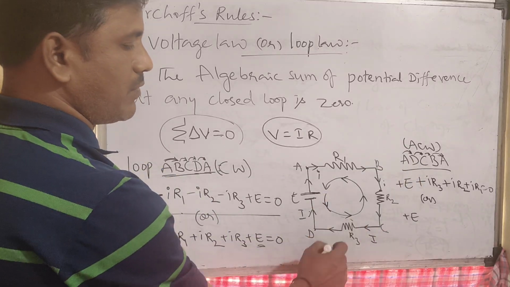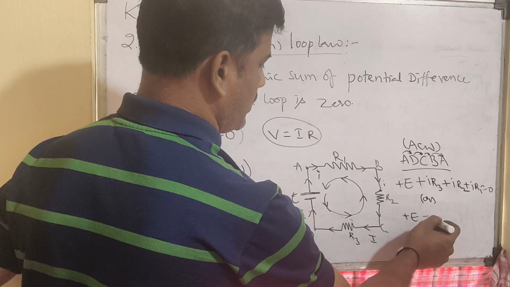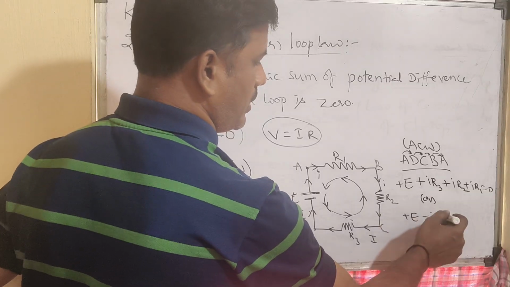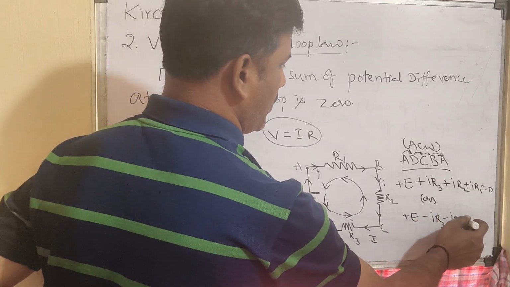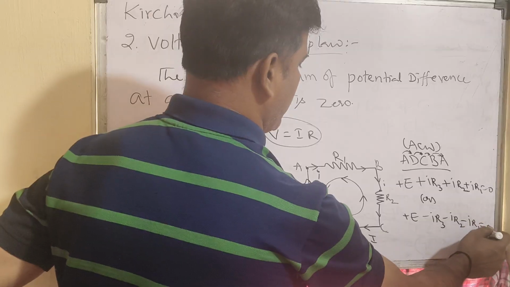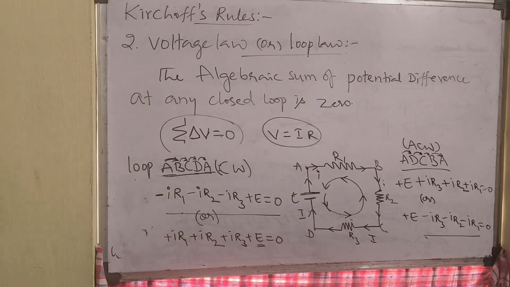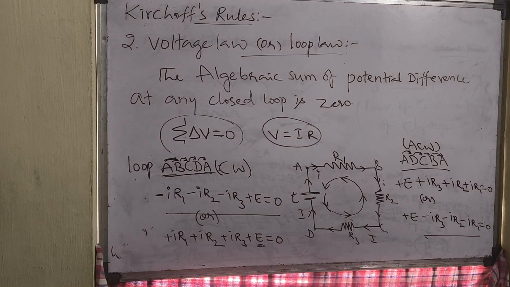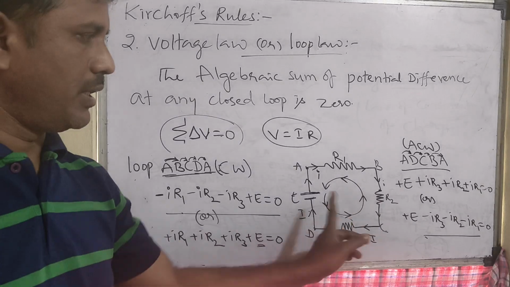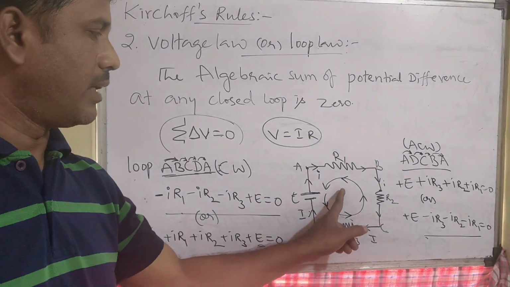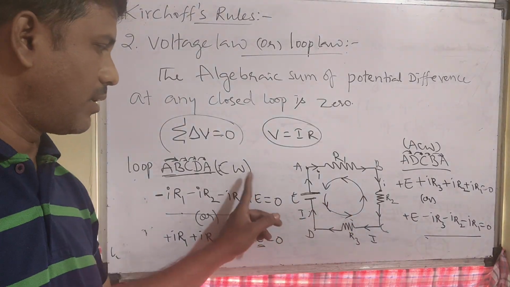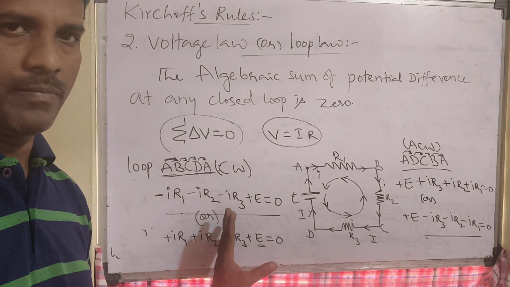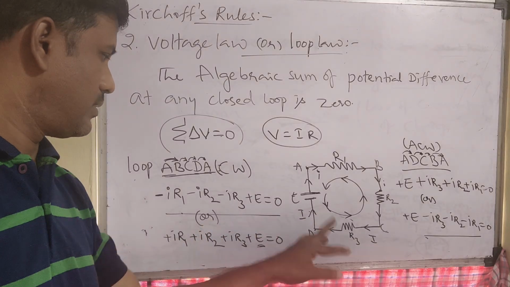Anti-clockwise means minus will come. Minus IR3, reverse one, minus IR2, minus IR1 equal to 0. Are you clear? Observe these two. It is anti-clockwise, but it is clockwise. Understood? Reverse will come.